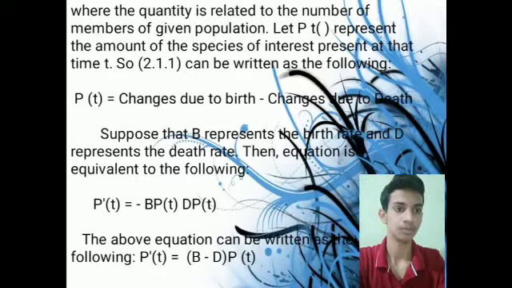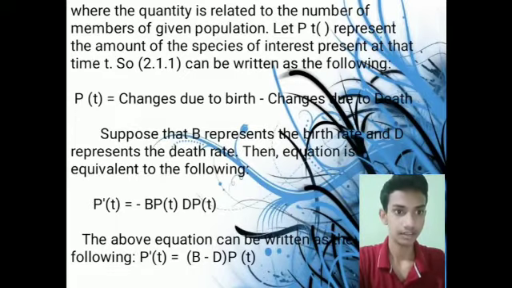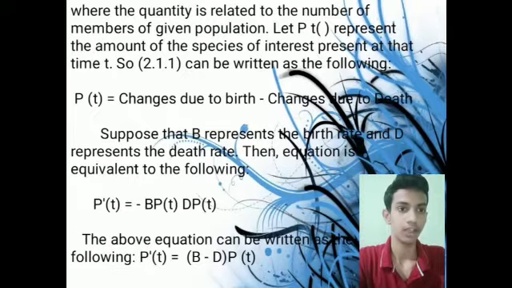Suppose that B represents the birth rate and D represents the death rate. Then the equation is equivalent to the following: P'(t) is equal to B P(t) minus D P(t).